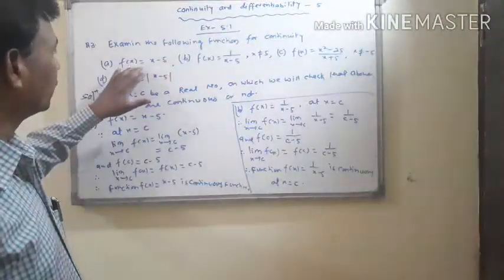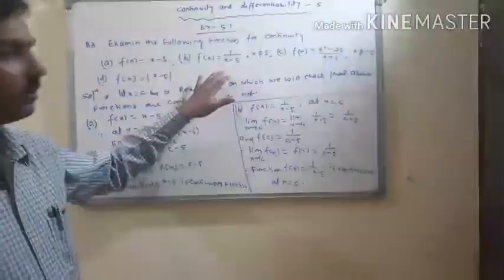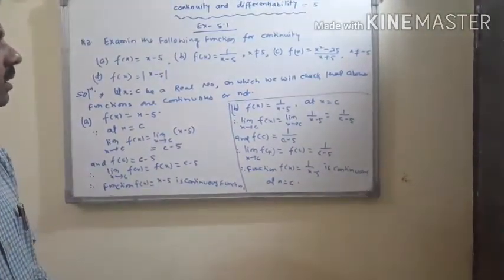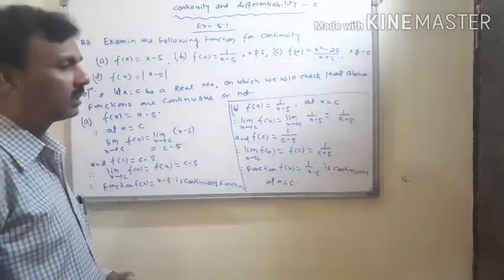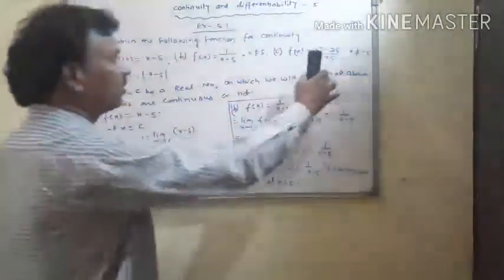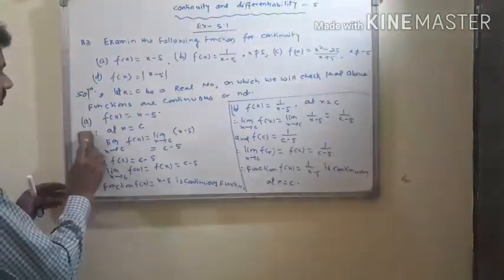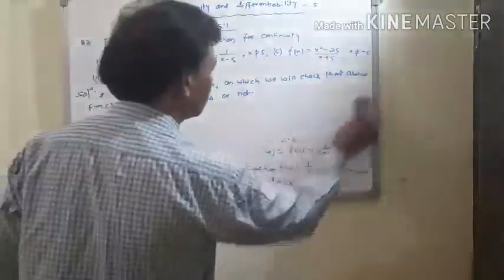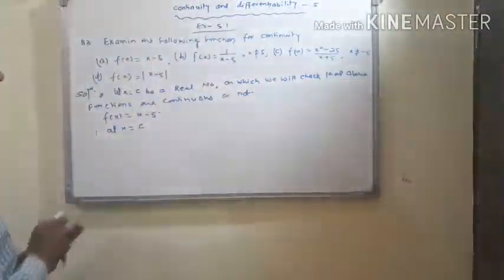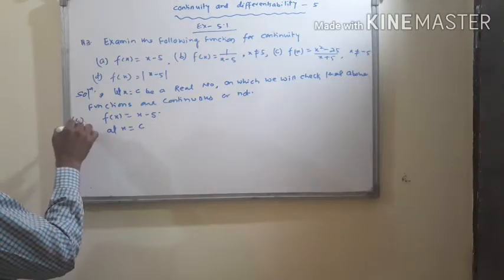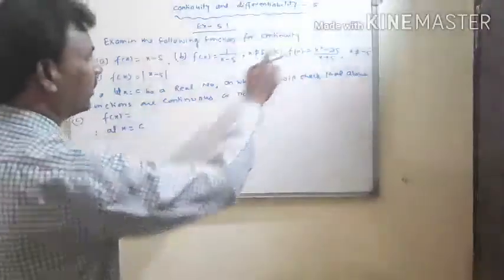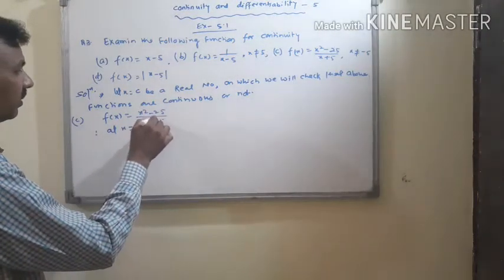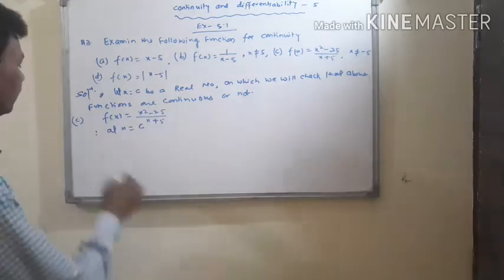We have solved the first part and the second part of this question. Now we will take the third part, f of x equal to x square minus 25 upon x plus 5, at x equal to c.